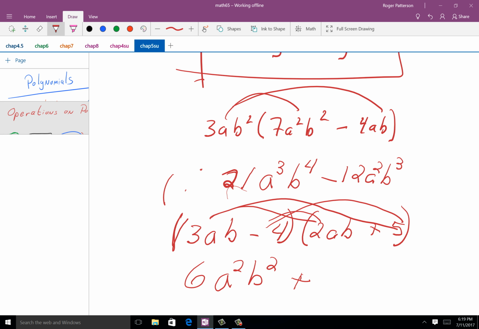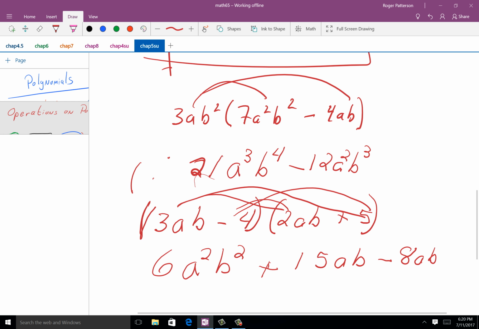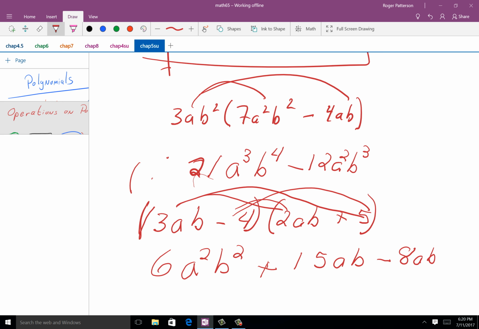Plus 15ab, because there's no abs to worry about, minus 8ab. Okay, and then minus 20.